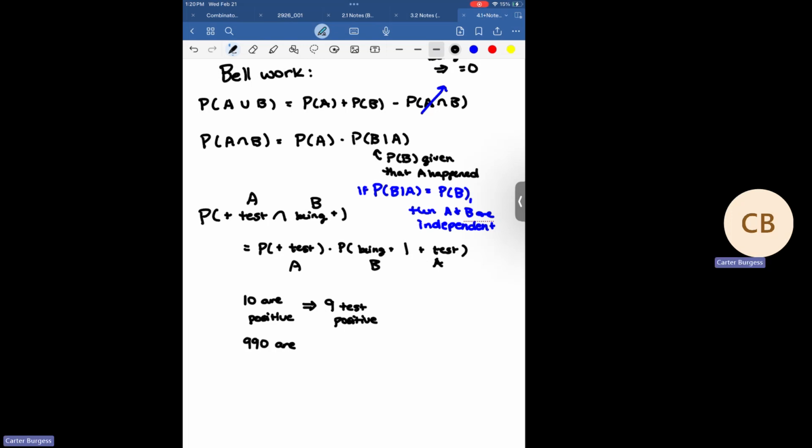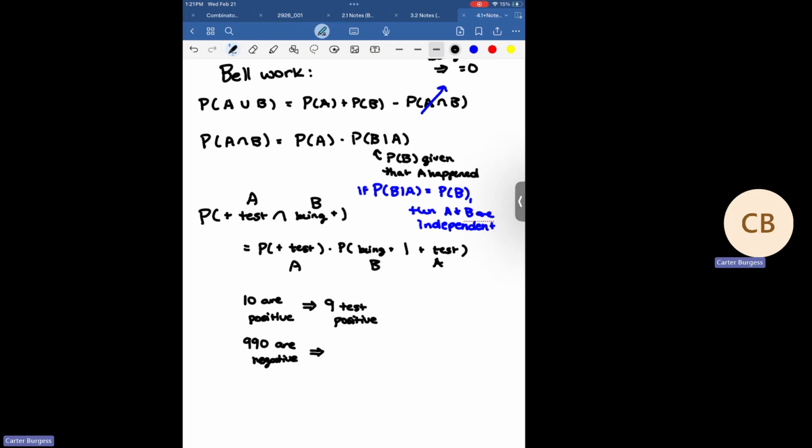And then what about the 990 that are negative? How many of these will also give us positive test results? These are the people who do not have breast cancer. But how many of these people are going to be told, in fact, you do have breast cancer? 10% of them.